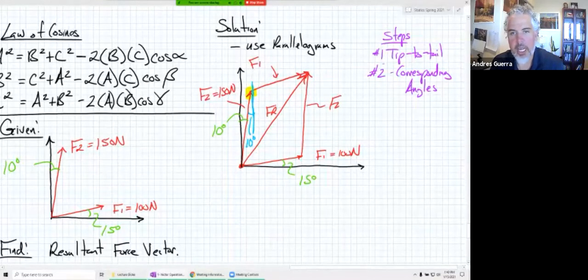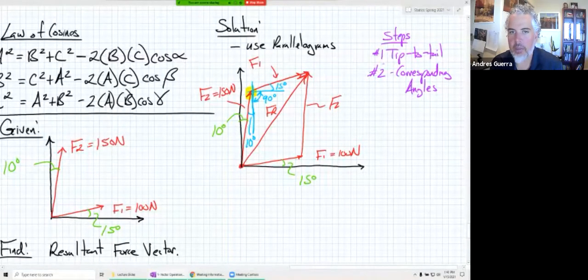Right there. And then how about this 15 degrees? Where does this 15 degrees show up here? Well, 15 degrees is measured from the horizontal. So doesn't that mean that this right here would be 15 degrees there? And then we know that these two are 90 degrees apart, right? Because the horizontal and the vertical has to be 90 degrees apart.